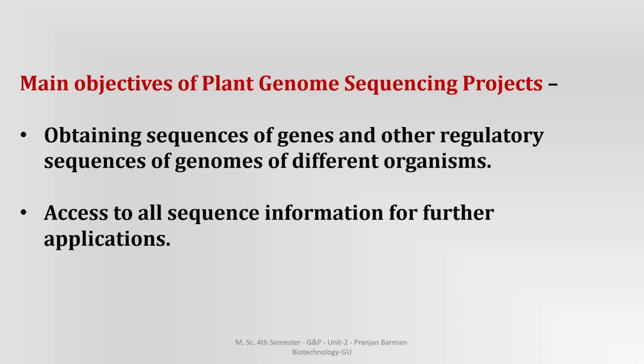Main objectives of plant genome sequencing projects, if you see, are two things: obtaining sequences of the genes and the regulatory sequences. And second, which is also very important, is how these sequences can be utilized and accessed by other researchers for their scientific research.